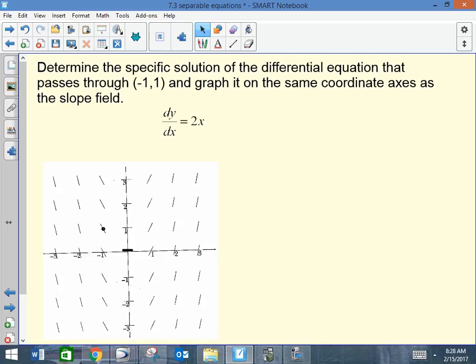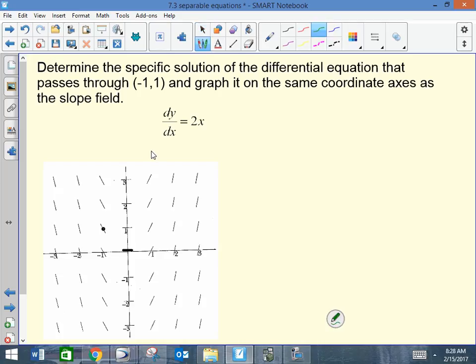So that might help that graph a little bit. And I would be quite surprised if you all didn't think, wait, if your slope is 2x, the antiderivative of 2x is what? X squared. I would be quite surprised if your brain did not go there.